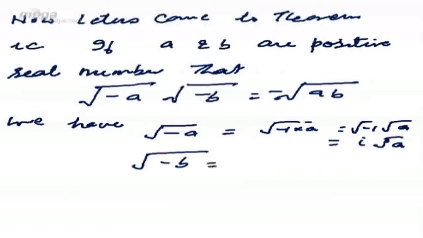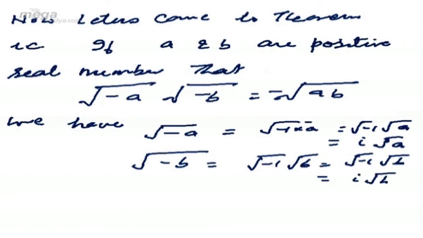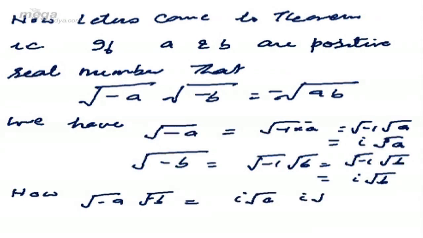Root of minus b can be written as root of minus 1 into root of b, that is i into root of b. Now root of minus a into root of minus b is equal to i root a into i root b, that is i square root ab, that is minus root ab.